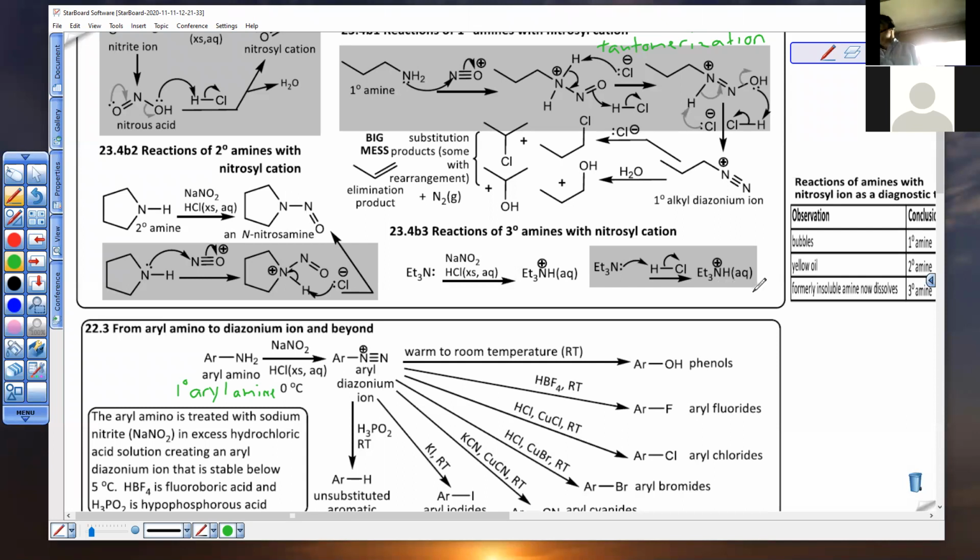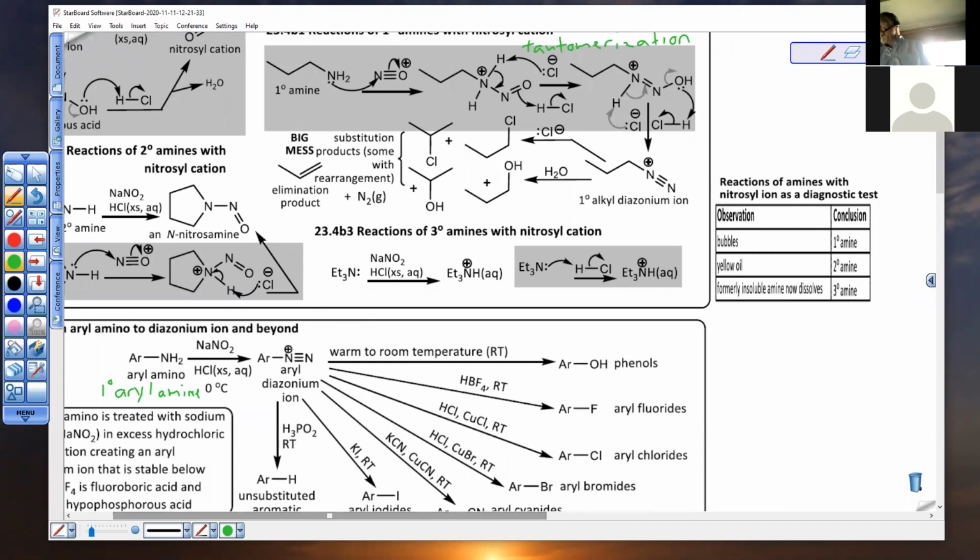And that is a result you would observe here. You would take something where your amine was sitting on top of the water, not dissolving, looking a little like a little oil spill. And then all of a sudden you see it dissolve, and you've got this diagnostic use of the nitrosyl cation.